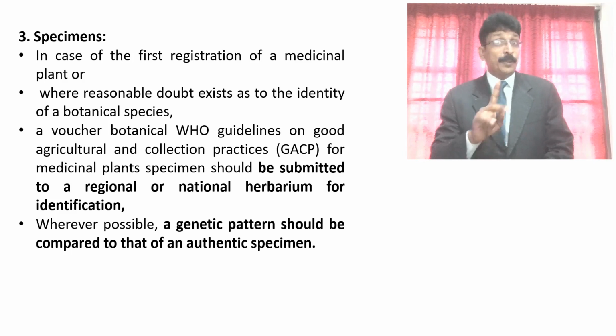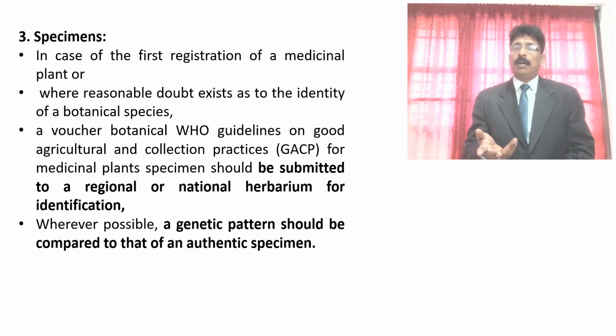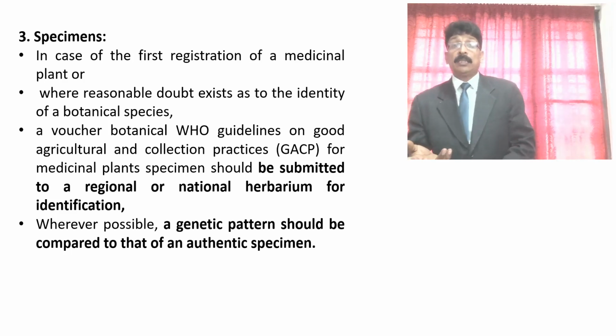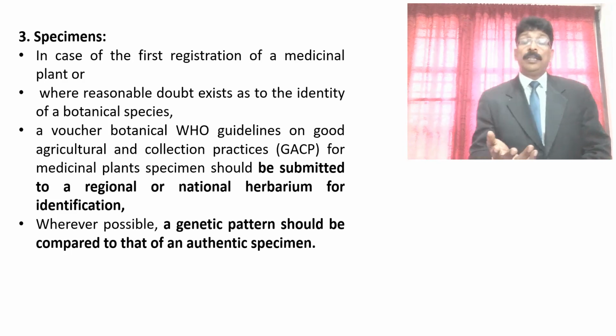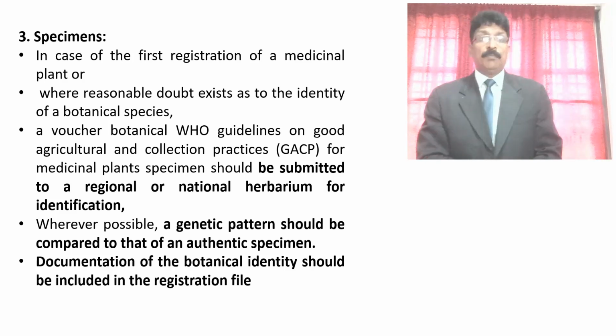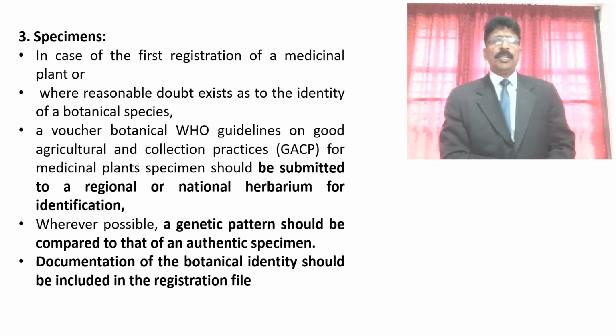So specimens come in when it is a new plant which cannot be found in the pharmacopoeias or in the nationally authorized books. It is a new origin, so you have to go for a specimen for approval and standard authorization from the national herbarium. Identification can be done before cultivation. It is very important. The documentation of the botanical identity should be included in the registration file.